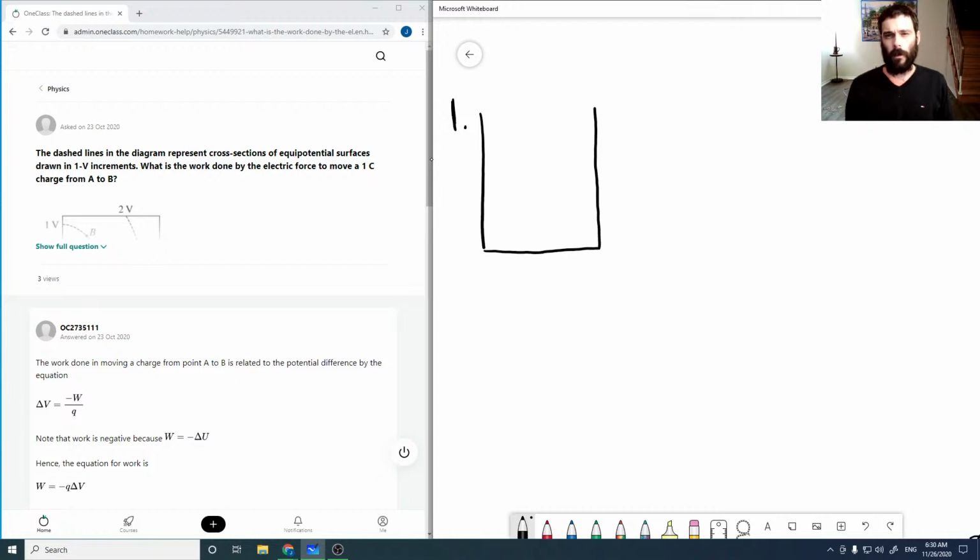And so we've got a number of equal potential surfaces represented by these dashed lines and given their values. That's 1 volt, and that is 0 volts.